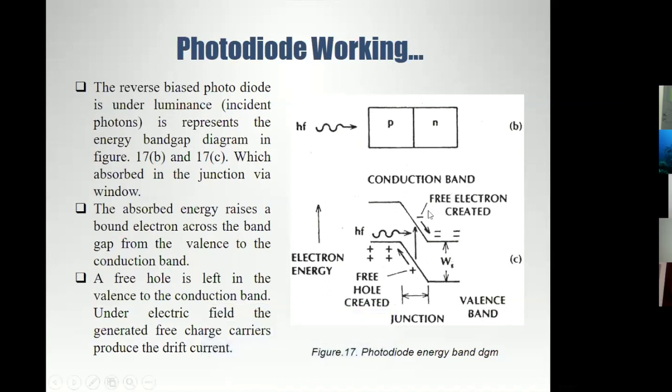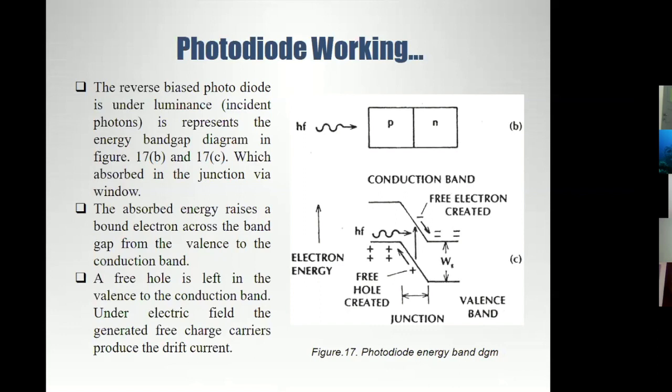Basically it works in reverse bias condition, and when the light energy is absorbed, we have more free electrons and more free holes. So if you have light, we will have generation of free electron-hole pairs. The more light intensity we have, the more free holes and free electrons will be generated.